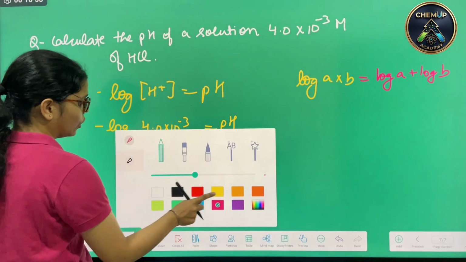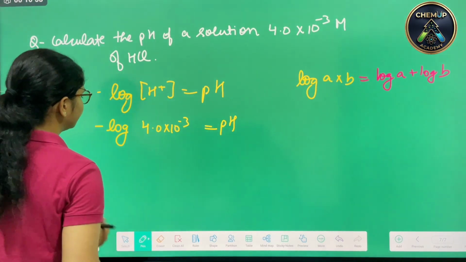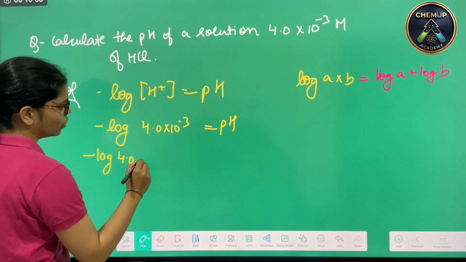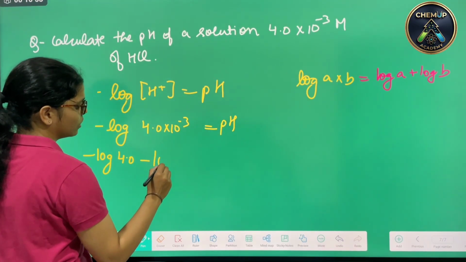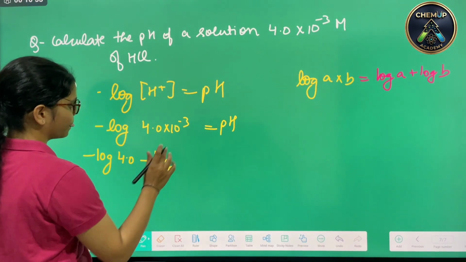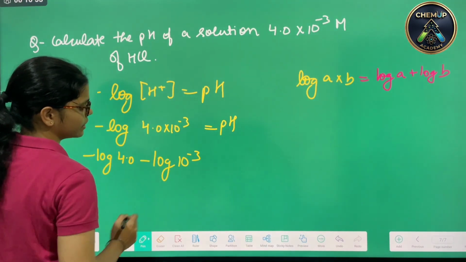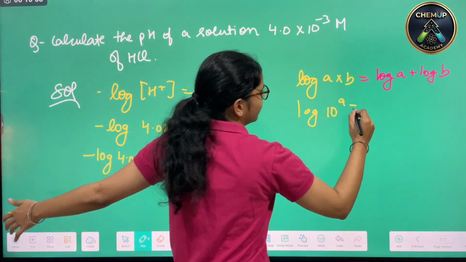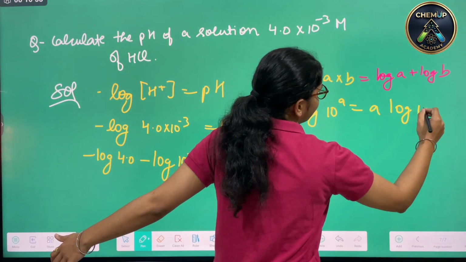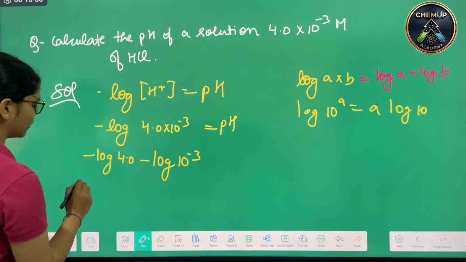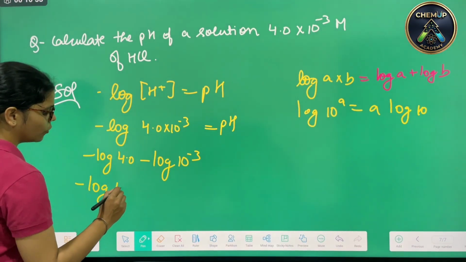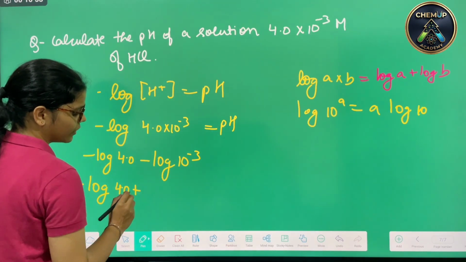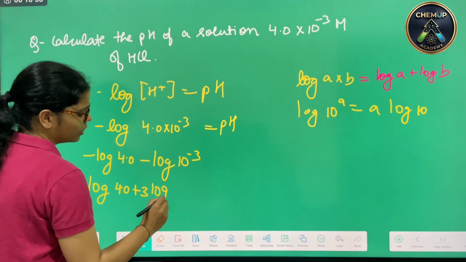So how can we solve it further? It says -log 4.0 - log 10^-3. And for a power also, if we have log 10^a, the power comes down and multiplies log 10. So -log 4.0, and the -3 will come down, therefore it becomes plus 3 log 10.